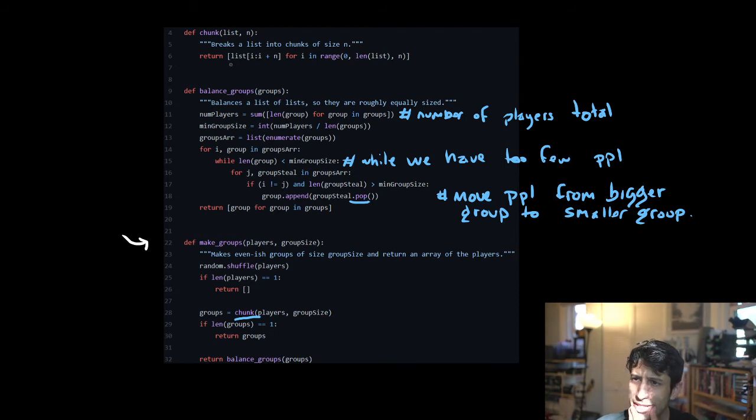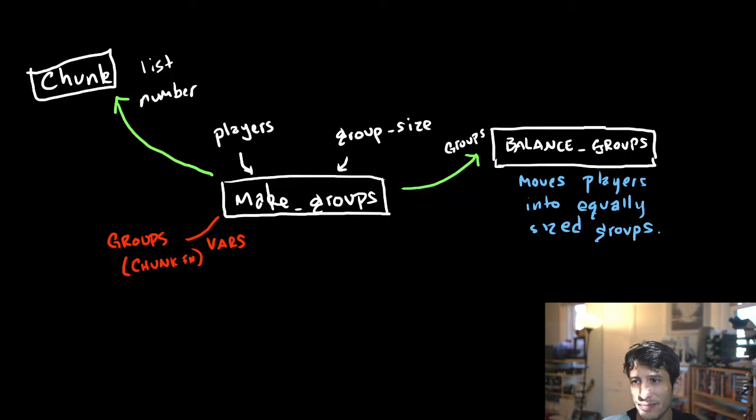And we don't really need to read the code here to figure out what's going on, because this comment explains it well enough. It breaks a list into chunks of size n. So if we have a list of 1, 2, 3, 4, 5, and we give it that list and we give it 2, it's going to break it into 1, 2, 3, 4, and 5. We can write this however we want.